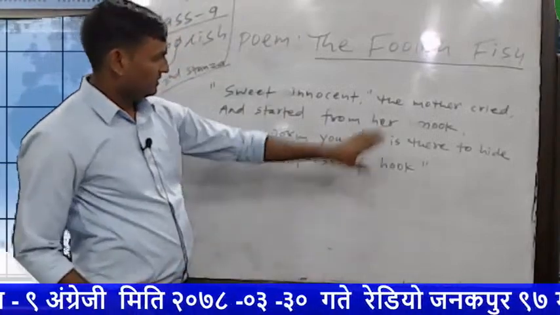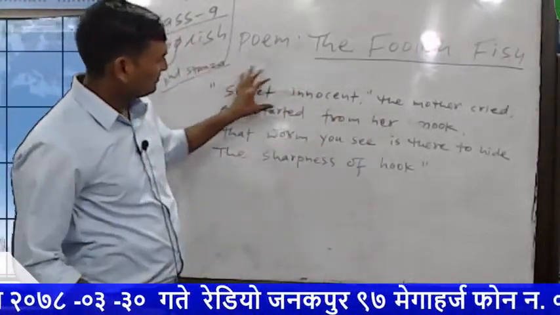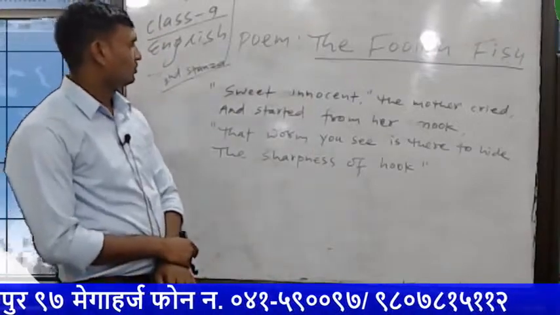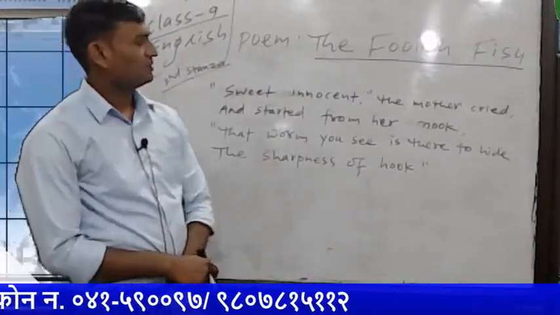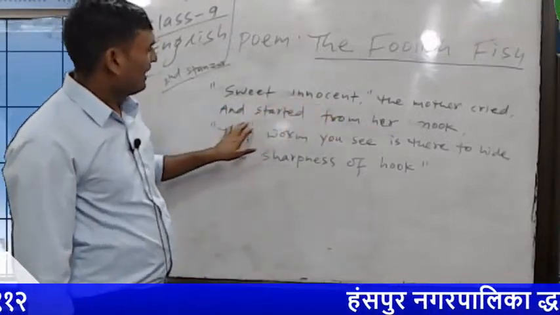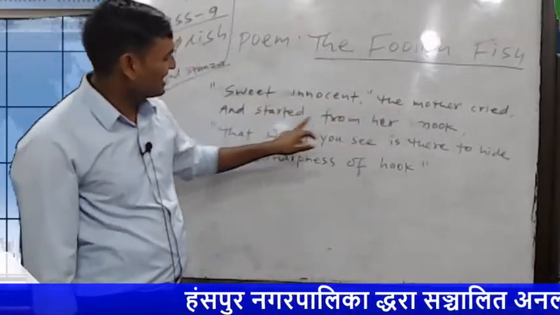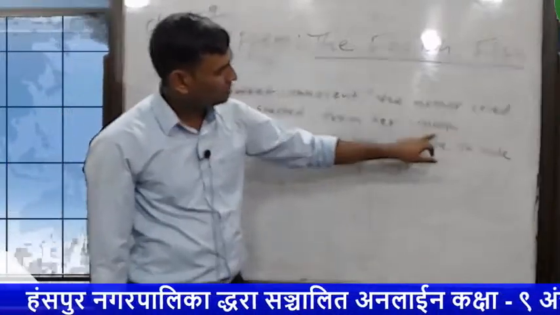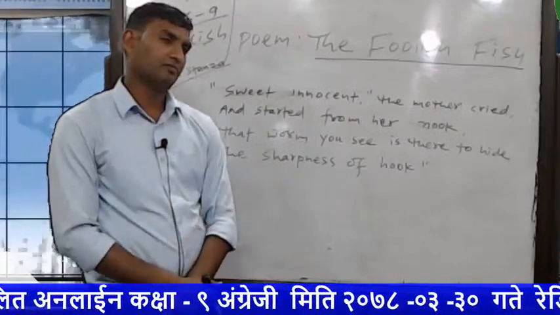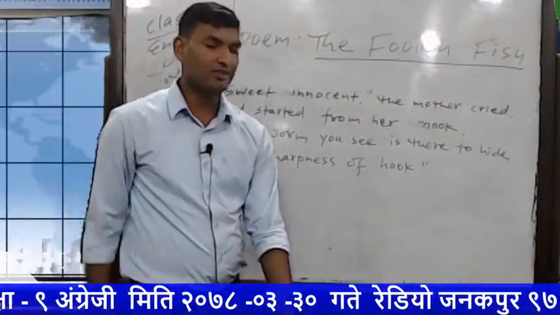It means the mother shows here love to her child. Sweet innocent. And the mother started from her nook. It means mother analyzed the worm. Is it really the worm?